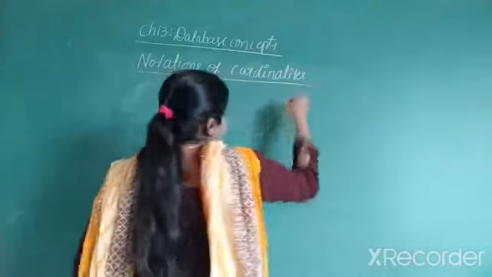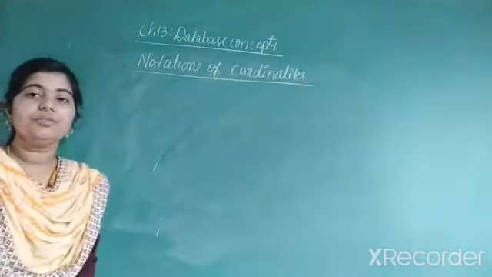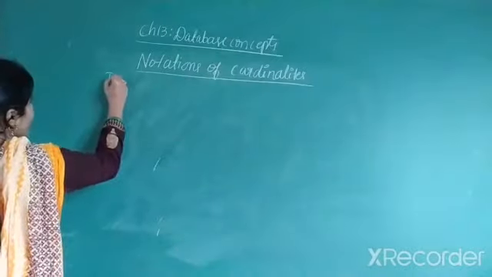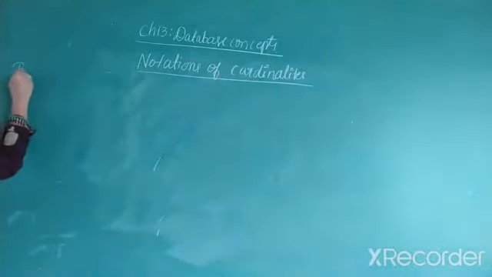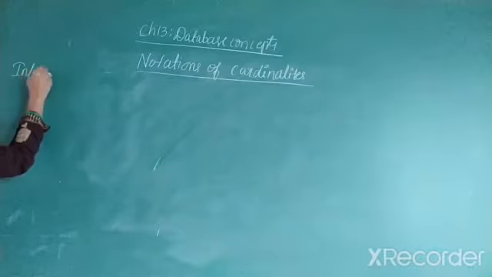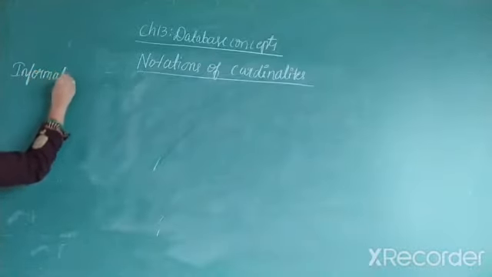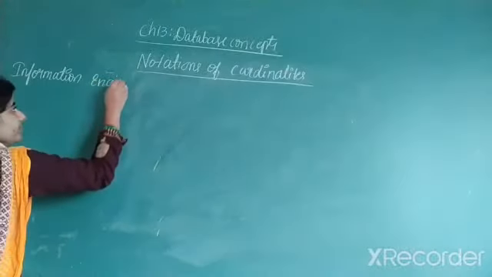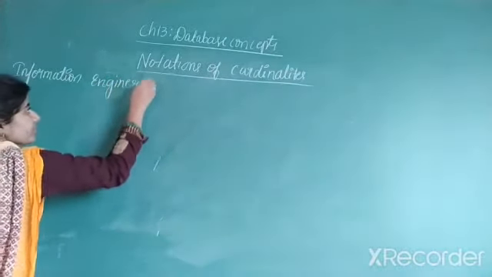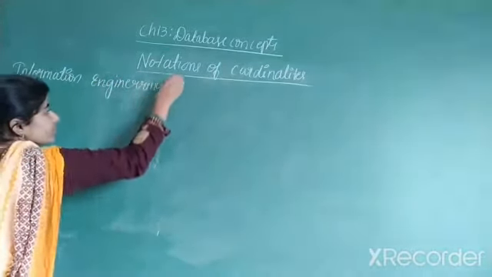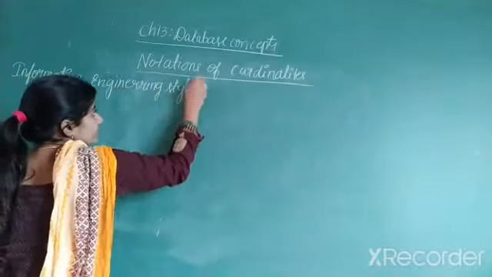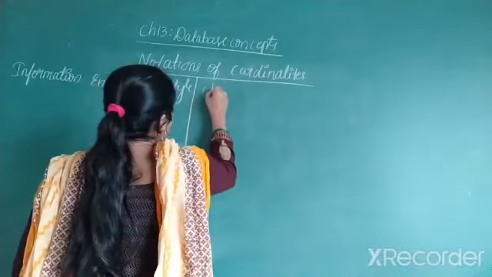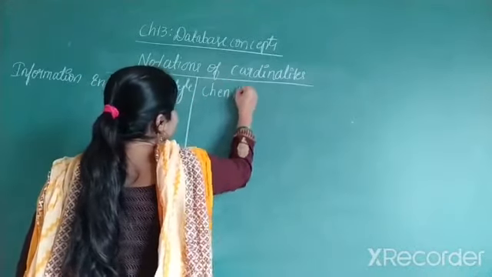So mainly the cardinalities are represented in 4 categories. The first one is information engineering style. The second one is Ken style.